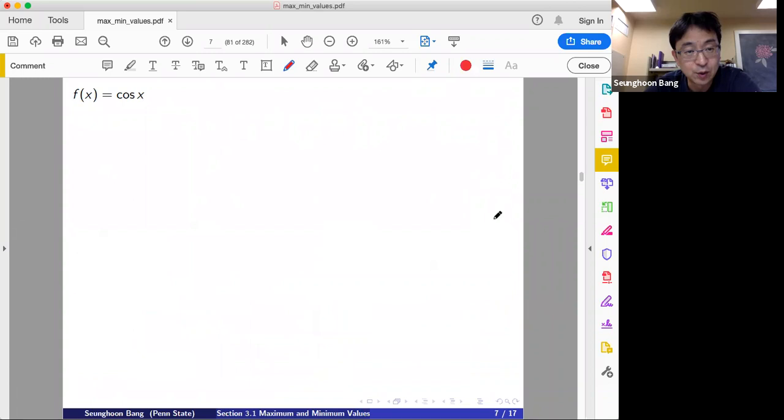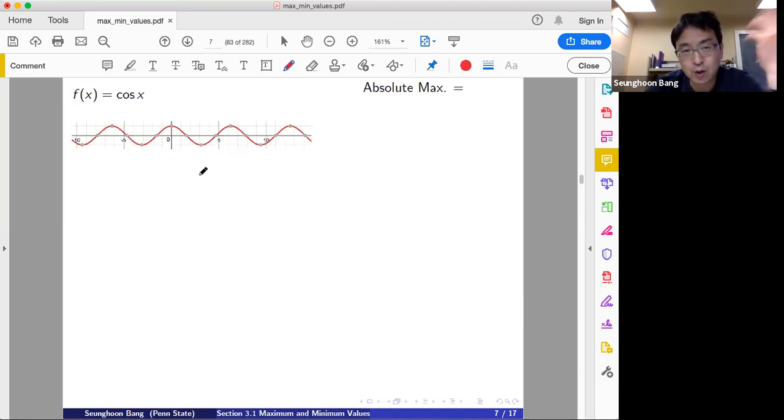The next example, f of x equals cosine of x. I can sketch the graph. The graph is like this. The maximum value is 1, the minimum value is minus 1, like this. So what is the absolute maximum of cosine of x? Do we have an absolute maximum of cosine of x? Yes or no?